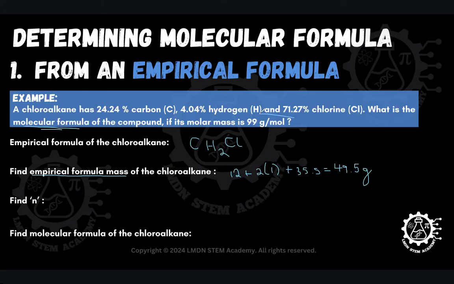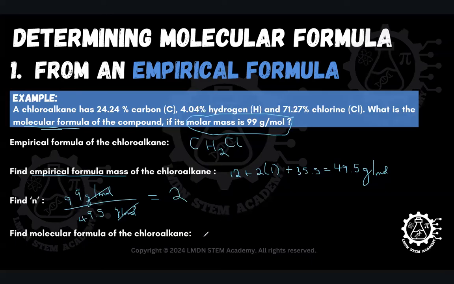Now remember, we are expected to find the molecular formula in this case. We are given a molar mass because we can't proceed without that, right? So they gave us a molar mass. So all that we have to do to find the factor that connects the empirical formula to the molecular formula is divide the molar mass that they gave us, 99 gram per mole, by our empirical formula mass here. So that will be 49.5 gram per mole. And we cancel those two, and we are left with a factor that connects them, a factor of 2.